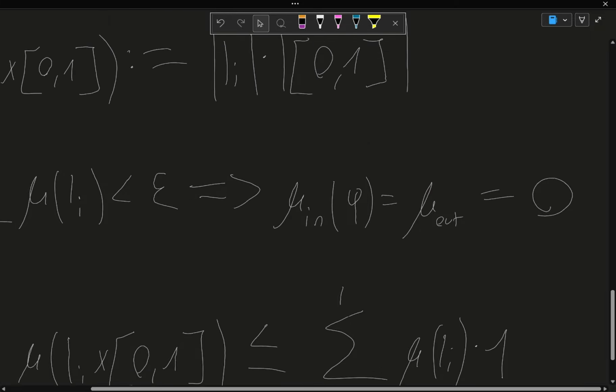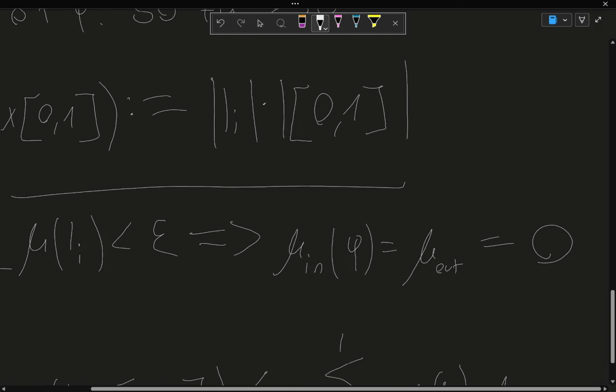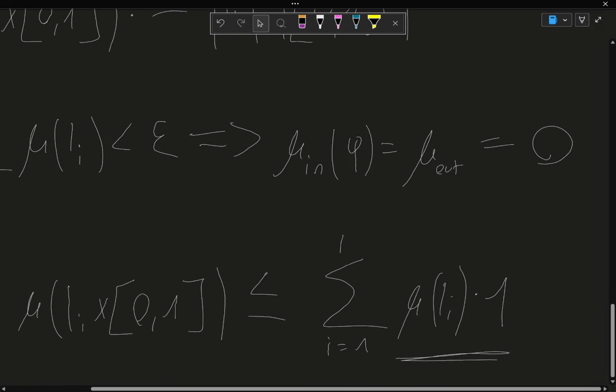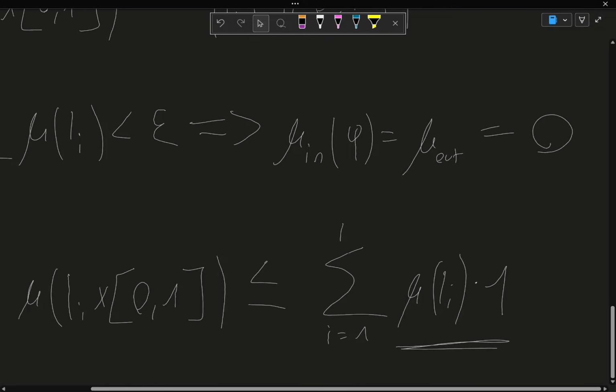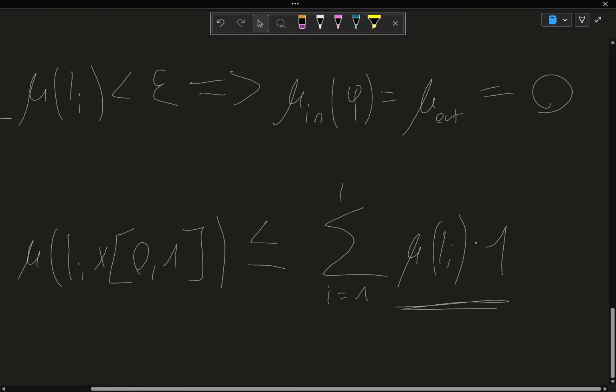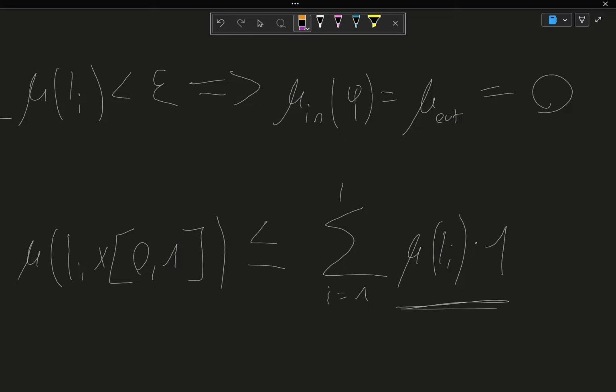This is the definition. Before we had like this definition right here. But for now we just got rid of this interval because usually intervals are nice to work with.